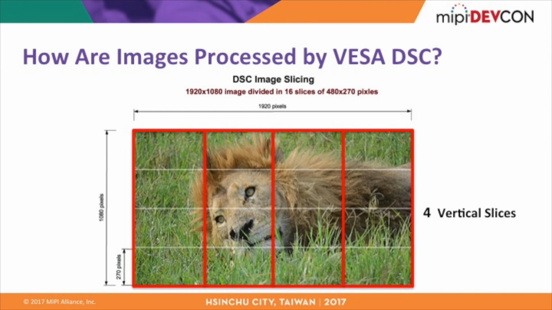But if you don't have enough bandwidth because your semiconductor technology is not fast enough or the display resolution or frame rate is too high, then instead of compressing the full image, you break it into two sections, and you compress the left side with what we call a vertical slice, and the right side with another processor doing another vertical slice. If that's not good enough, then you break it up in 4 pieces.